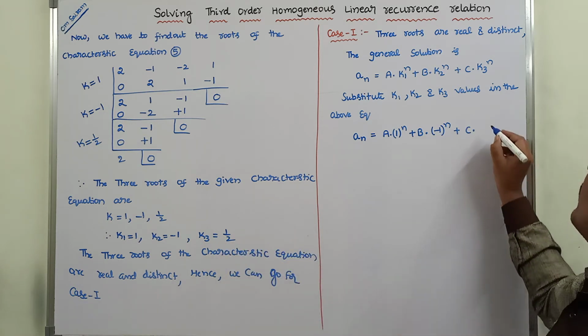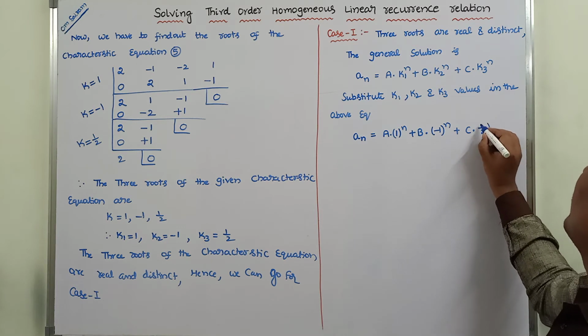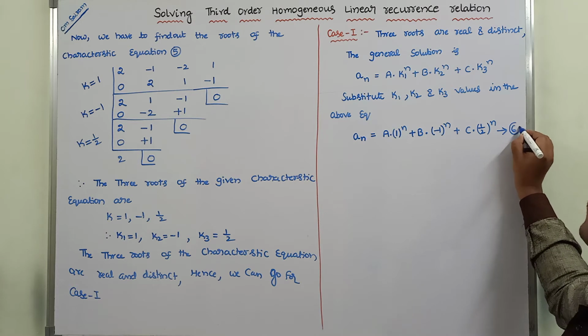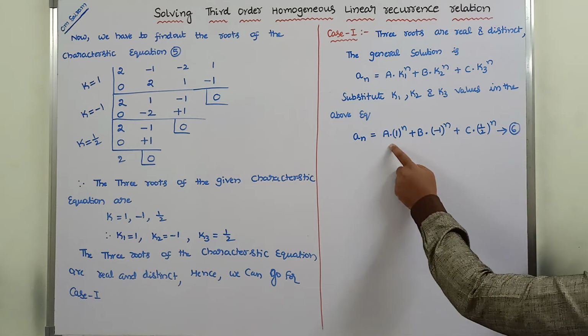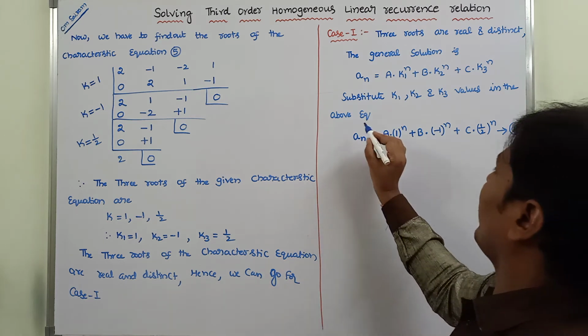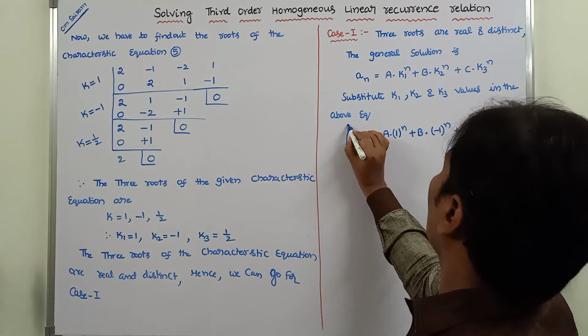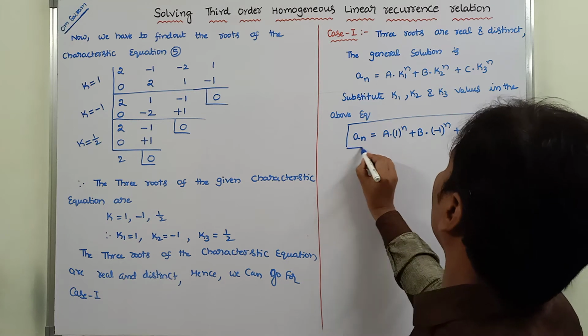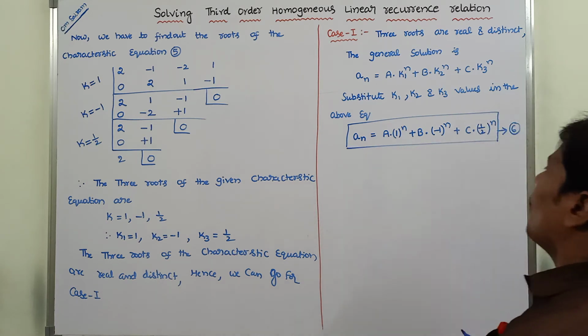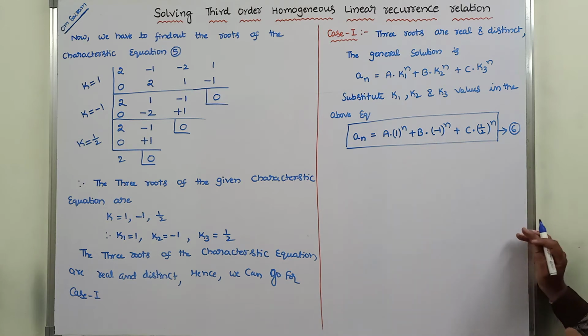That is half. So half power n. So this is equation 6. So a, b, c are the real constants. Now this is the solution of the given recurrence relation. Now we have to find out the a, b, c values.